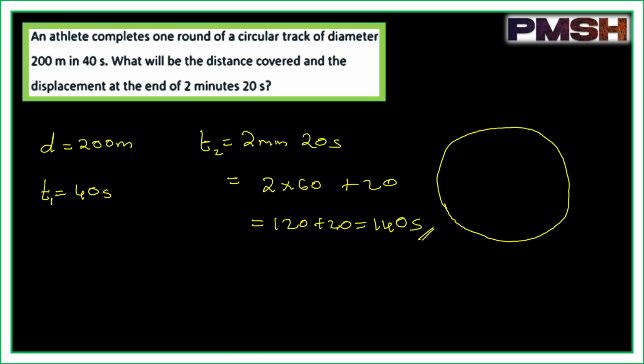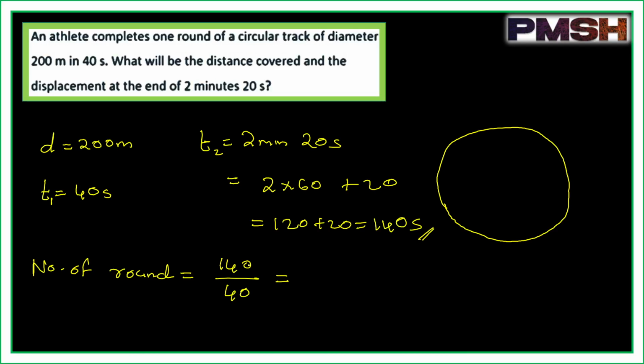So the time given is 140 seconds. In 140 seconds, what will be the distance and what will be the displacement? So you think like this. For one round, it takes 40 seconds. Then within 140 seconds, how many rounds will be there? How to find the number of rounds? Number of rounds will be 140 by 40.